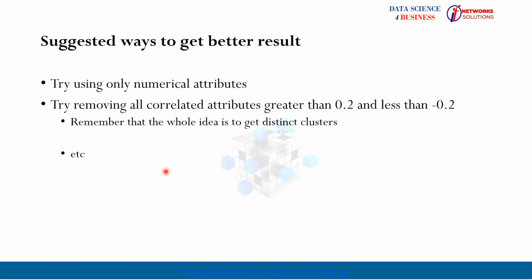Try using only numeric attributes, for example, because we have seen that they are the ones that do the job for the most, that help us separate the data better. Then try removing all correlated attributes greater than 0.2 and less than minus 0.2, and just see what happens. Remember that the whole idea is to get distinct clusters as homogeneous as possible.